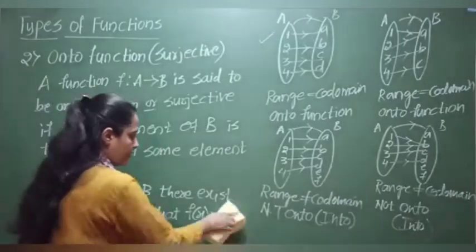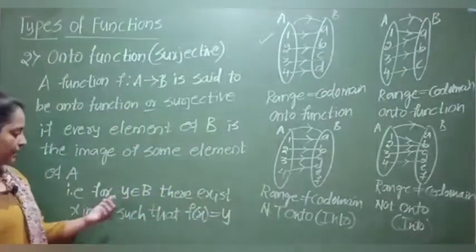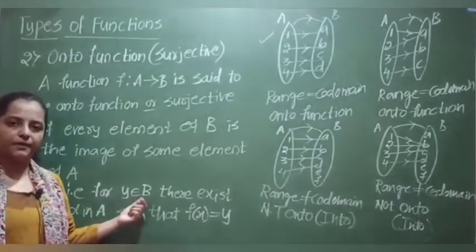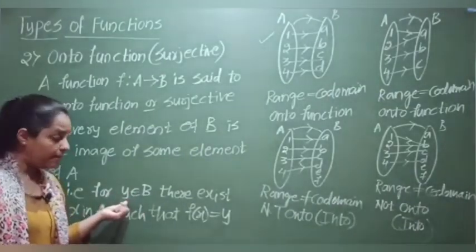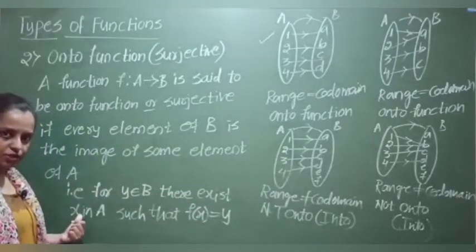ಇದರ ಮೀನಿಂಗ್ ನೋಡ್ರಿ, such that f of x is equals to y. This meaning you see, for y belongs to the set B, B ಒಳಗಿರುವಂಥ ಒಂದು ಎಲಿಮೆಂಟಿಗೆ there should exist pre-image.